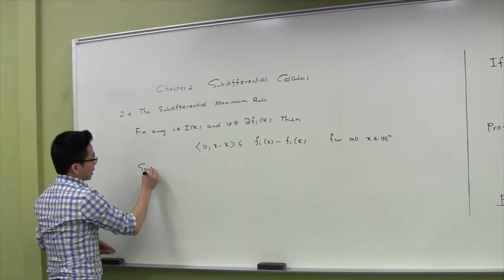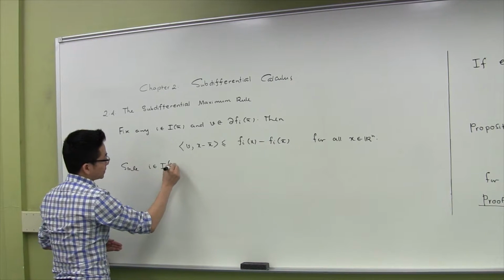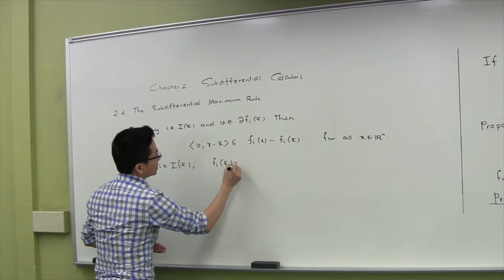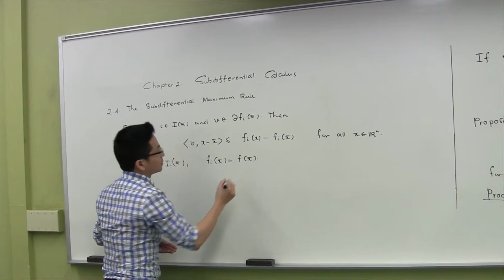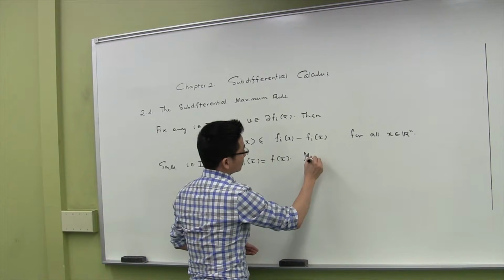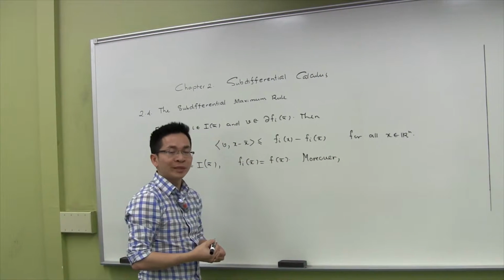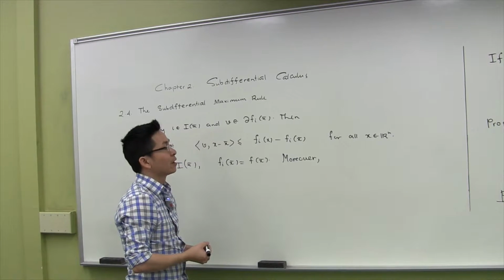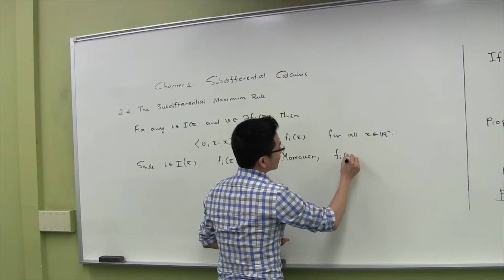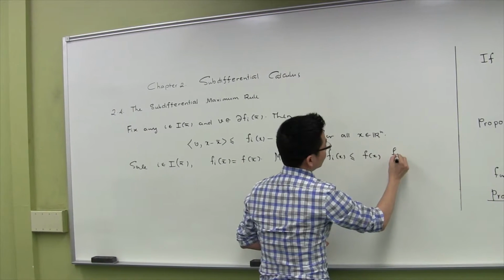Since i is in the set I(x bar), by the definition, f_i of x bar is equal to f of x bar. Moreover, because f of x is defined to be the max of f_i of x for i running from 1 to m, obviously f_i of x is less than or equal to f of x for all x in R^n.